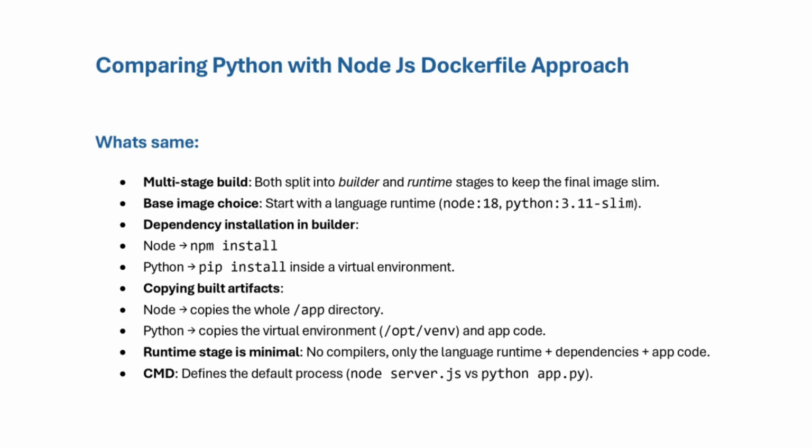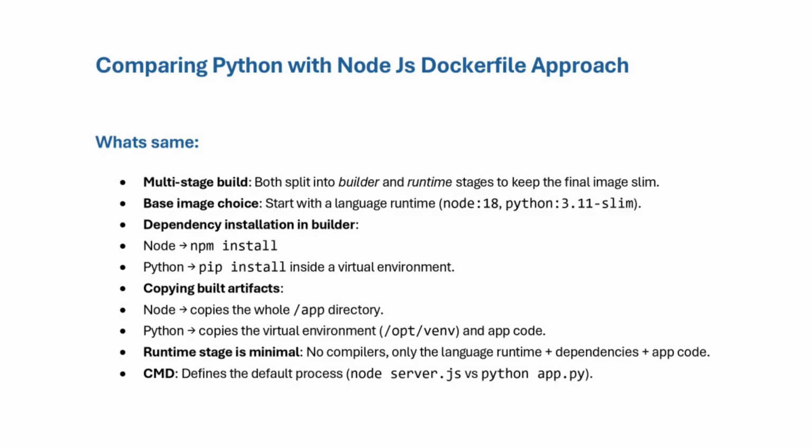Copying build artifacts. In Node we copy the whole /app directory. In Python we copy the virtual environment, that is /opt/venv, and the app code. The runtime stage is minimal. No compilers, only the language runtime plus dependencies plus app code. CMD defines the default process.